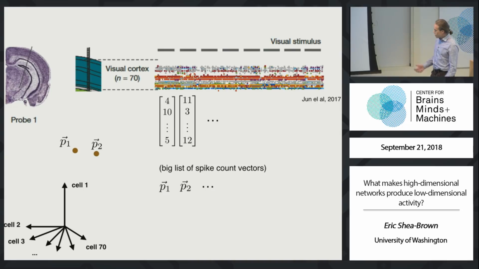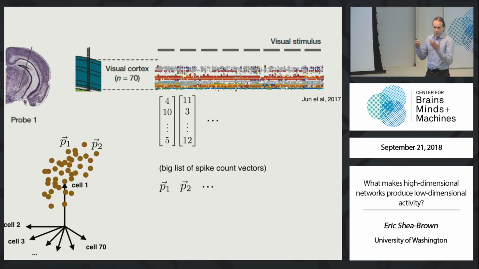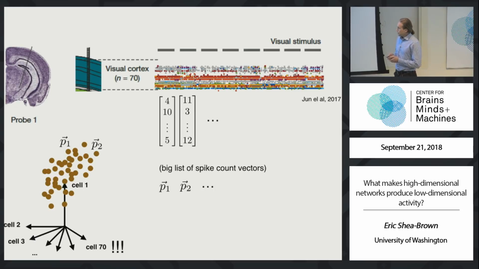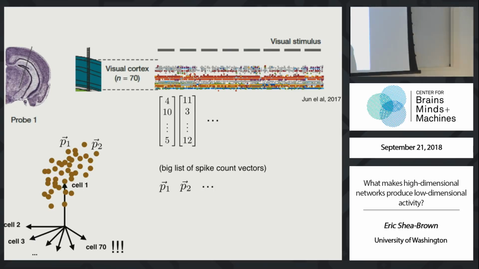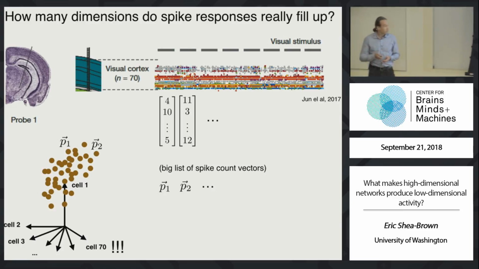The first thing you might do, at least if you had a high-dimensional brain or a high-dimensional screen, would be to simply plot those points in high dimensions. There's one, there's the other. Eventually, you have some set of different representations of what the brain is doing. And the first thing to notice, of course, is that we're lying if we pretend that we can fit those on a projector screen.